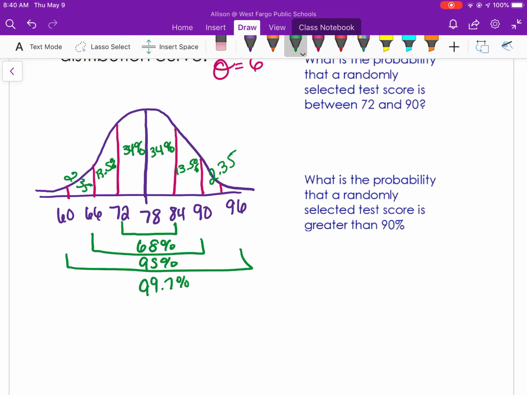And then the outsides leave the 0.3, so 0.15% here and 0.15% at the very end there.